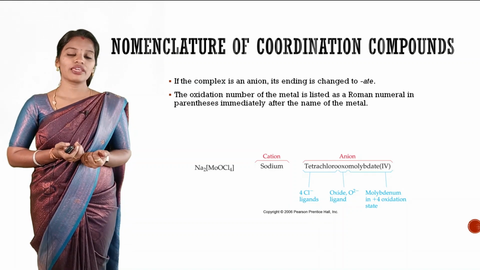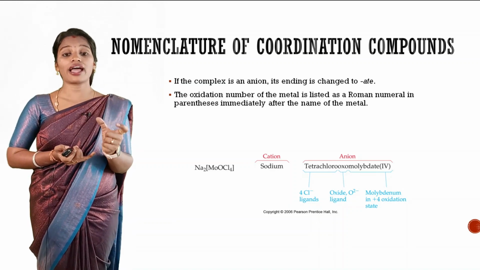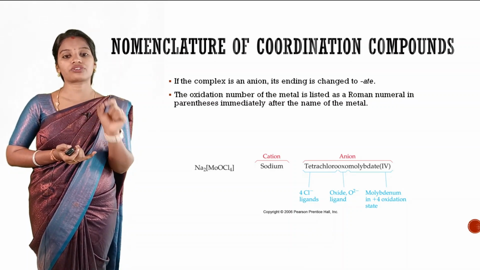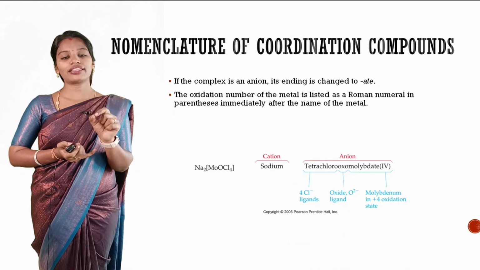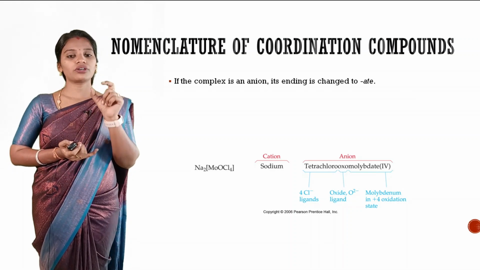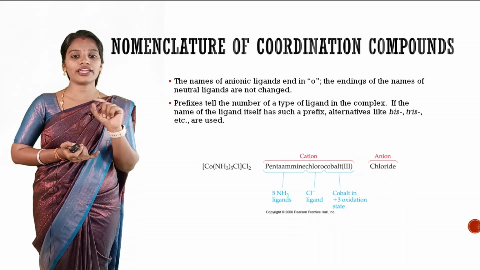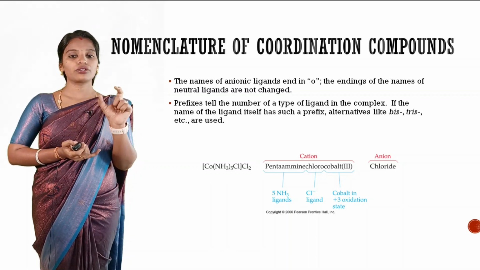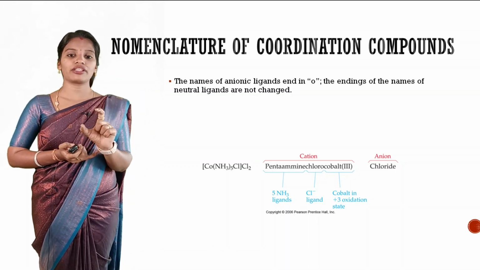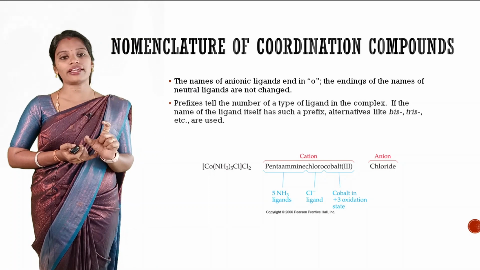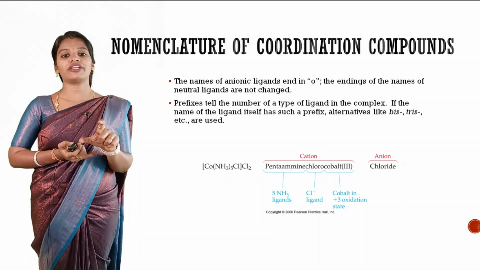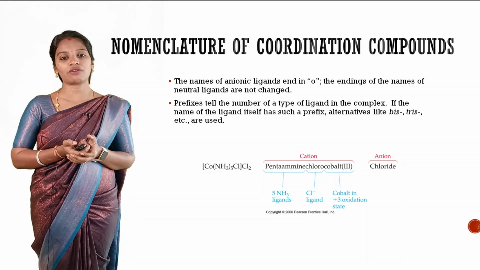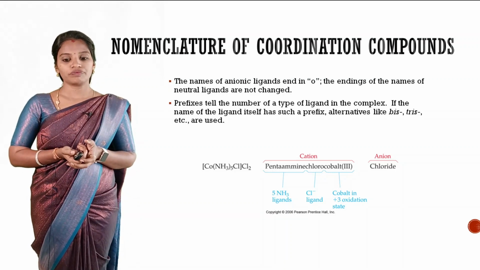One important thing: if the ligand name already contains di or tri, consider ethylenediamine. If there are three ethylenediamine ligands, you mention not triethylenediamine but tris(ethylenediamine)cobalt(II) complex, cobalt(III) complex. Like that you name the complex.